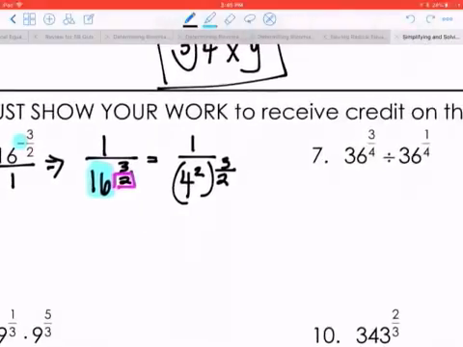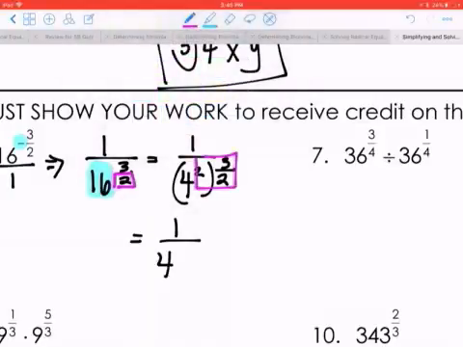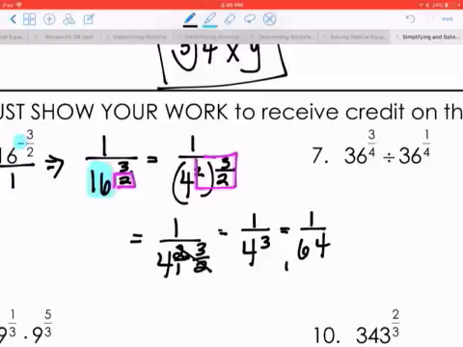You can multiply them. I'm going to come down here. Multiply the powers together. So 2 over 1 times 3/2. The 2's are going to cancel, and you're going to be left with 1 over 4 to the 3rd. Well, 4 cubed is 64, so this gives us 1 over 64. And that's our answer on that one.